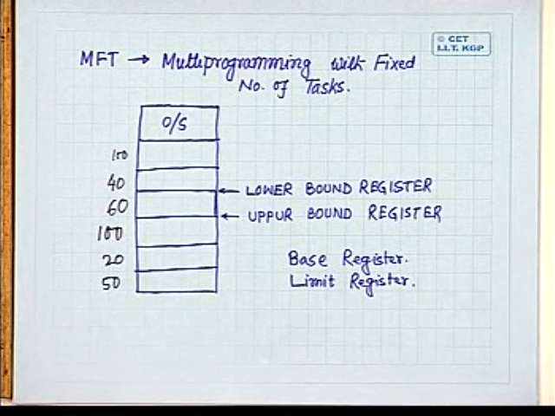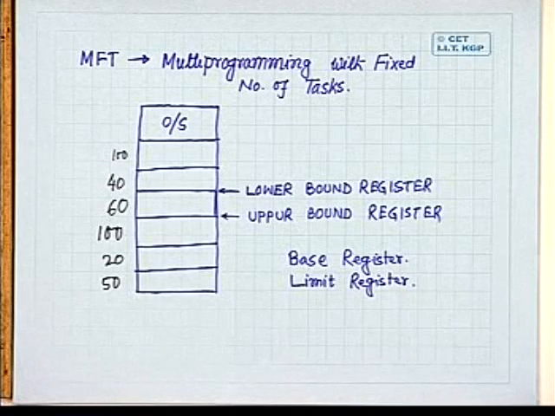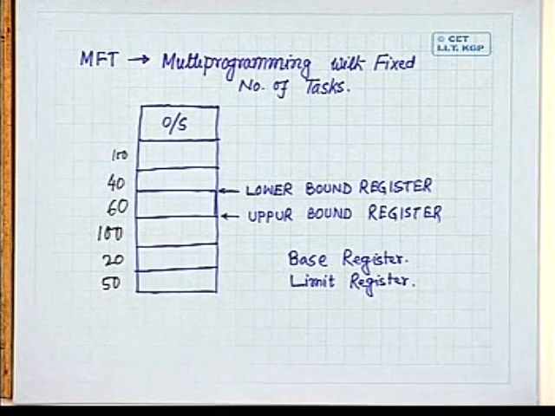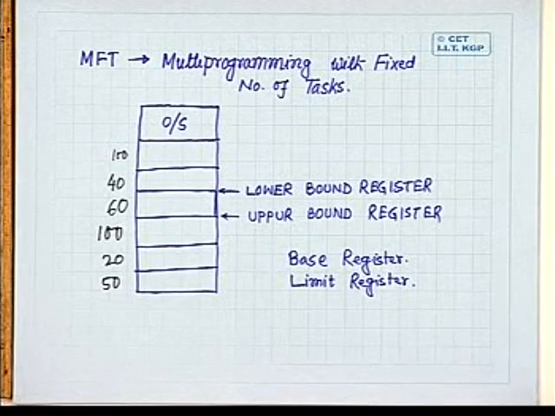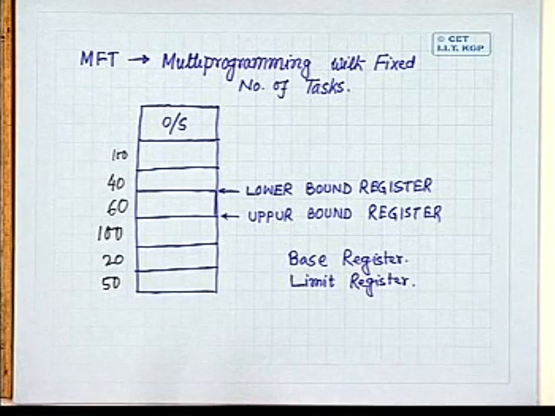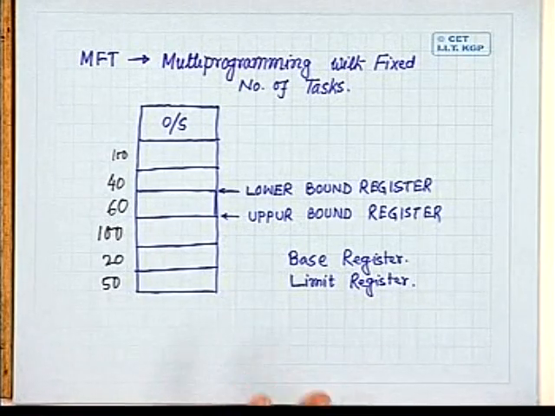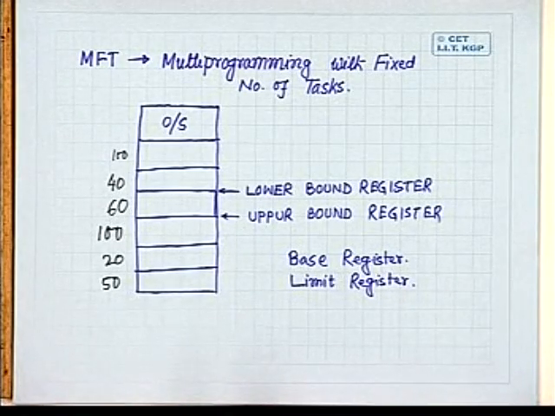However, if I have a job whose size requirement is 50 kilobytes, then that job can be loaded into the main memory, provided a partition of size higher than or equal to 50 kilobytes is available, that is, that particular partition is not already allocated to some other process.